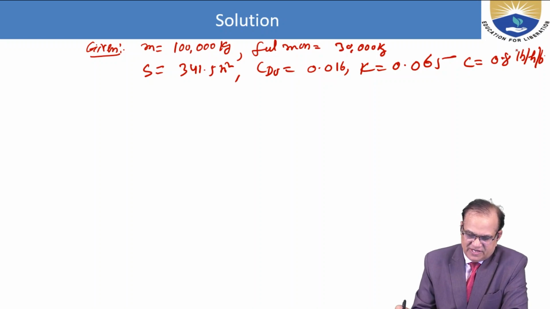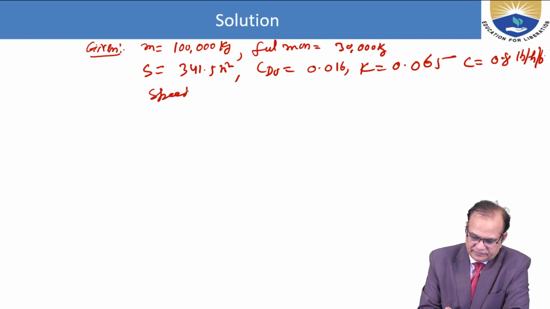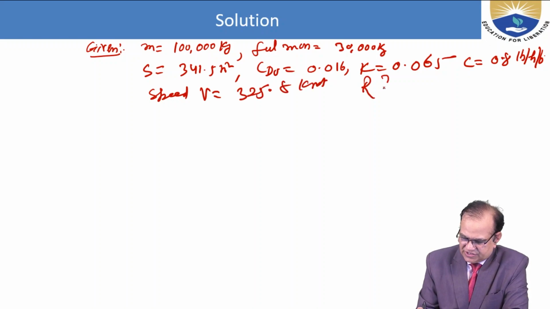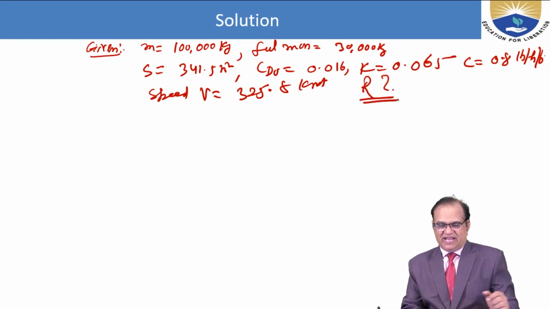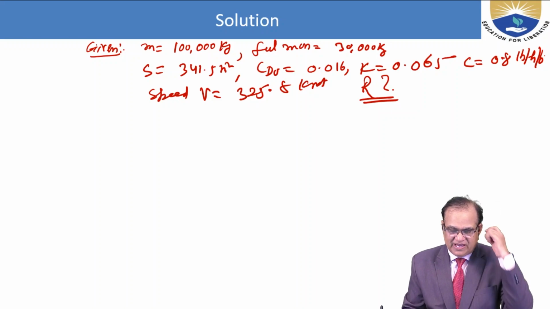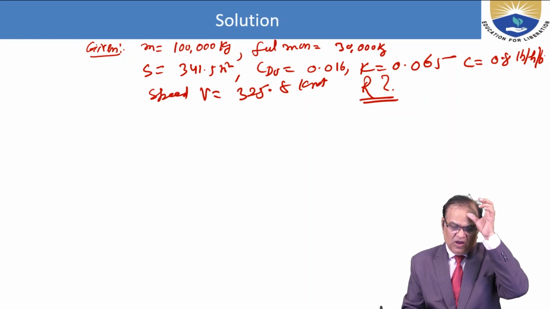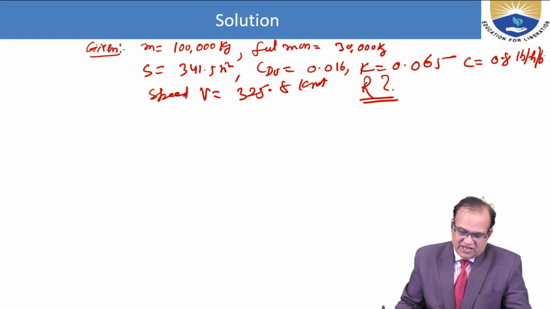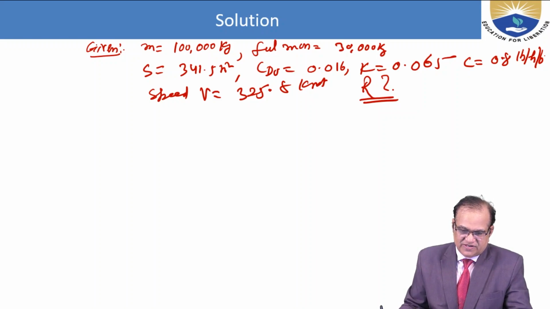It is given. Speed V is equal to 325.8 knot. Range. What is the range of this aircraft? So we will see first the regular range, how we can find out the regular range of the aircraft.